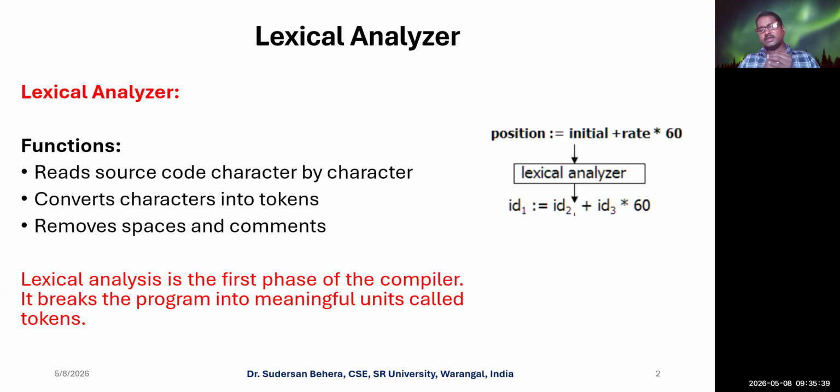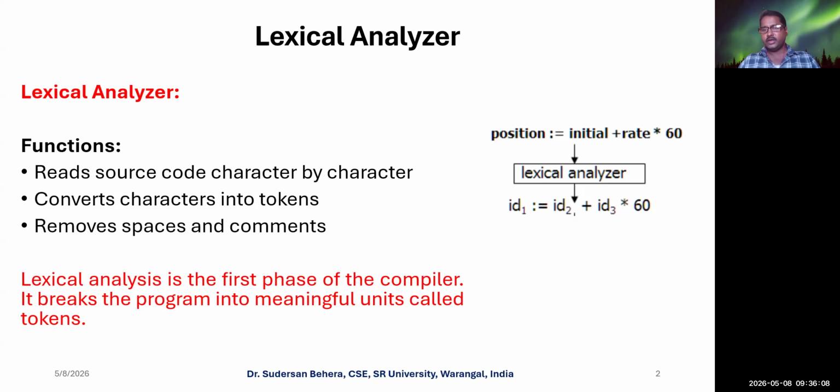So concentrate on the second line, what it is saying. The second line says that it converts the characters into tokens. Then while converting the words or lexemes into tokens, it eliminates some things. That means it removes white spaces and comments from the program.